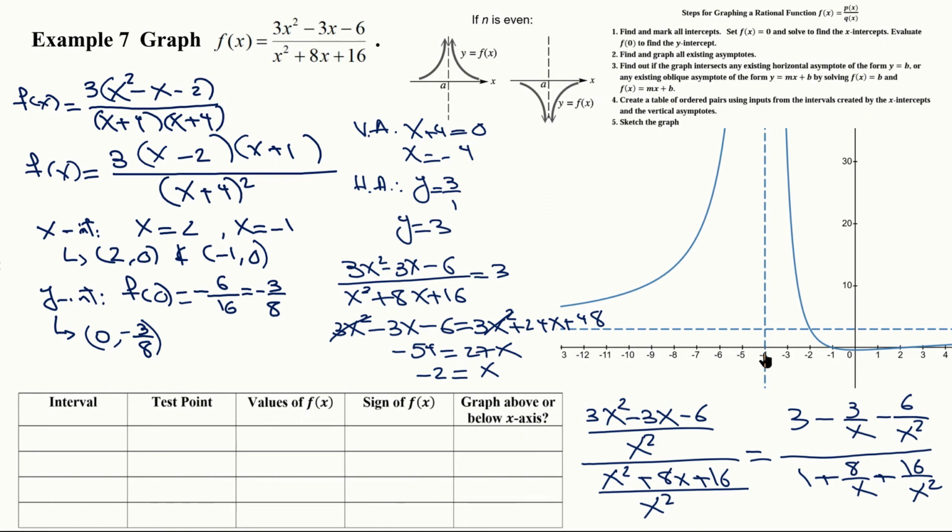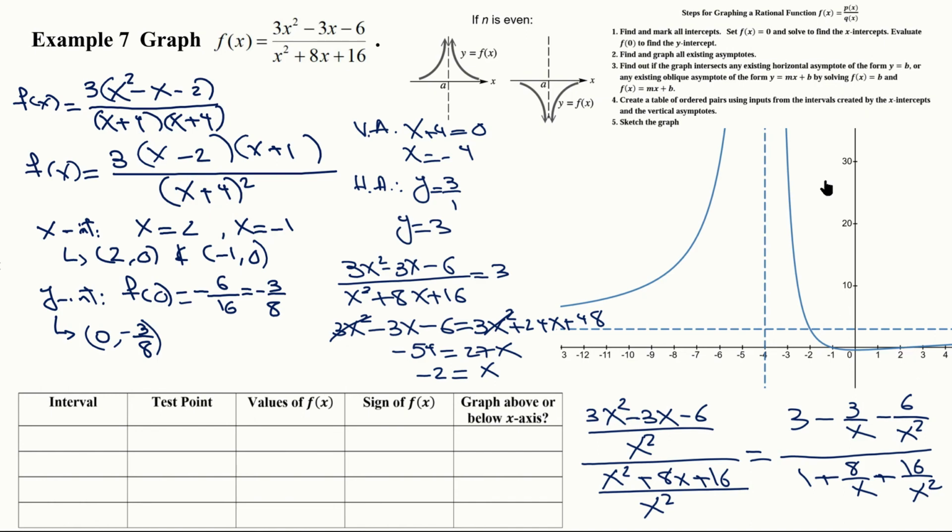Negative infinity to negative 4, which is our x-intercept, then from negative 4 to our first, our vertical asymptote, sorry, is what I meant to say. Negative 4 is not the x-intercept, but the vertical asymptote. So from negative infinity to negative 4, then from the asymptote to our first x-intercept, negative 1, then from negative 1 to 2, which is our next intercept, and then from 2 to infinity.